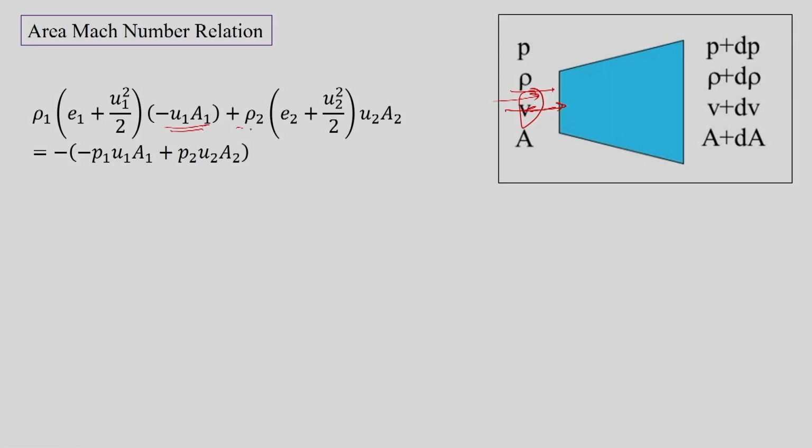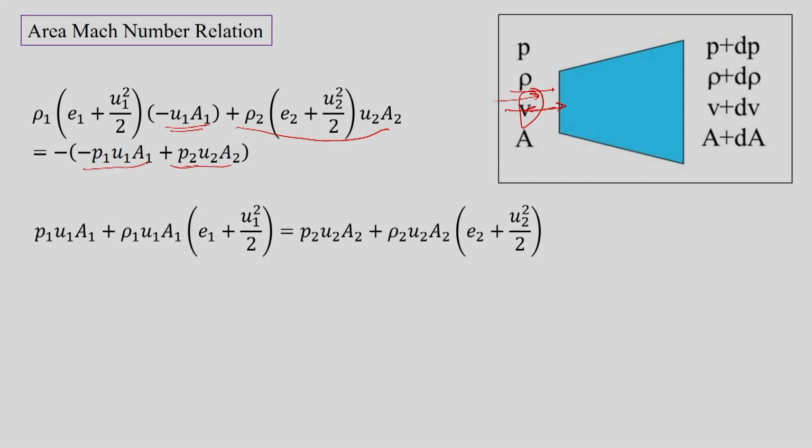Similarly, this term is the energy flux at the outlet. This is pressure into area into velocity at the inlet, and this is pressure into area into velocity at the outlet. We rearrange the terms: p1 u1 A1 plus rho 1 u1 A1 into (e1 plus u1 square by 2) is equal to the same two terms at the outlet.